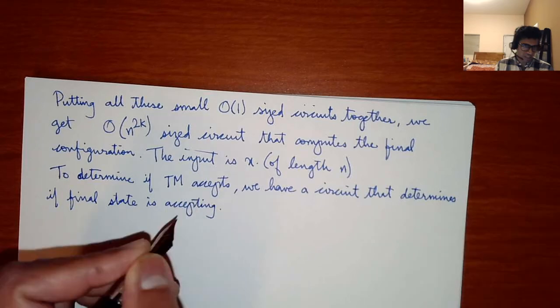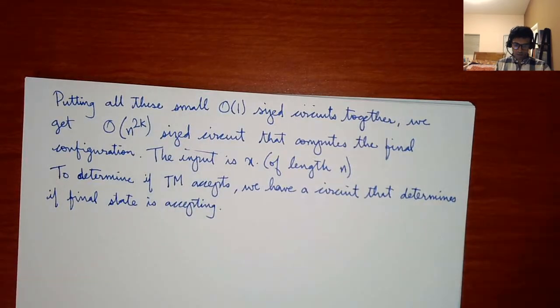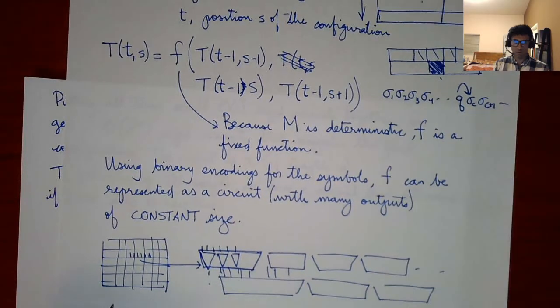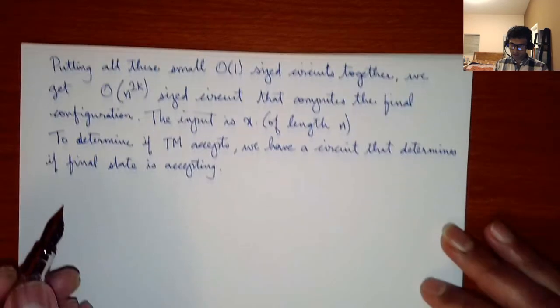And this is again easy to construct because we could just have a separate circuit for every symbol saying, is this an accepting state? And just take the OR of all of those. So for every symbol, we can determine whether this is an accepting state. So we have a circuit that determines if the final state is accepting.